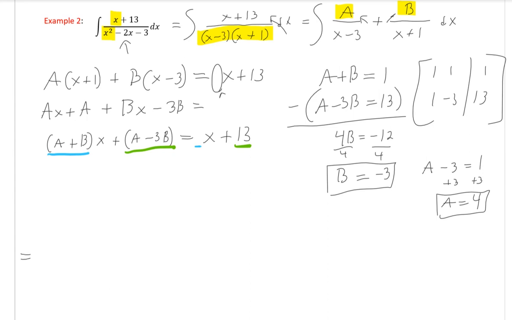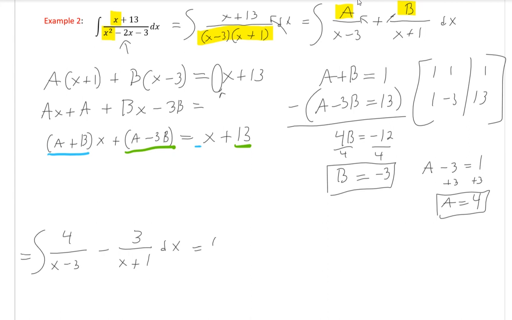Therefore, what I'm working with now is the integral of a, where a is 4, over x minus 3, and plus b, where b is negative 3, so we'll say minus 3 over x plus 1 dx. These are now easily solvable.